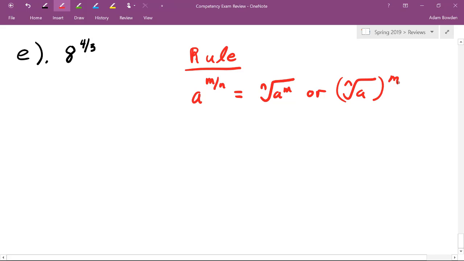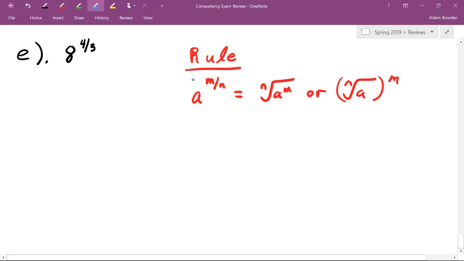And here we have one more exponent rule to take a look at, and that's when we have fractions as exponents. So 8 to the 4/3 power. Fractional exponents will always be somehow related to roots. So the way that it goes is a to the m over n power is the nth root of a to the m, or the nth root of a all raised to the n power.